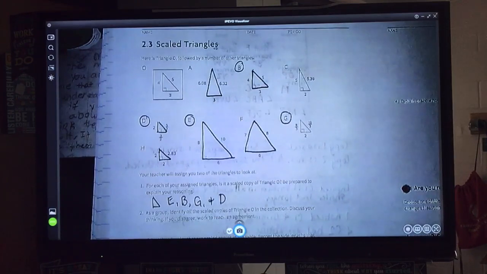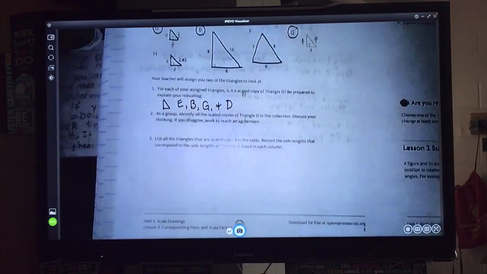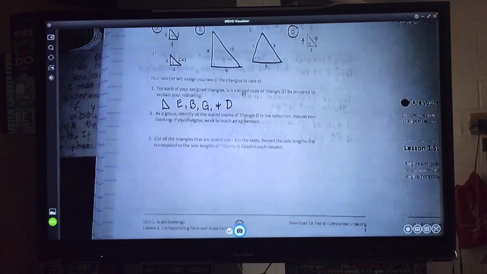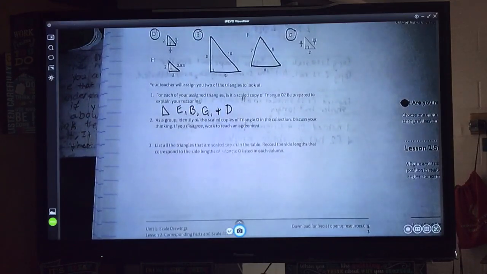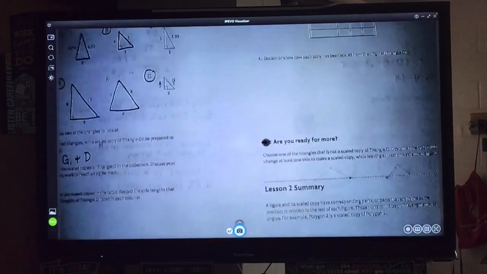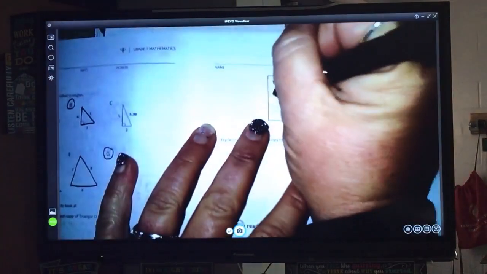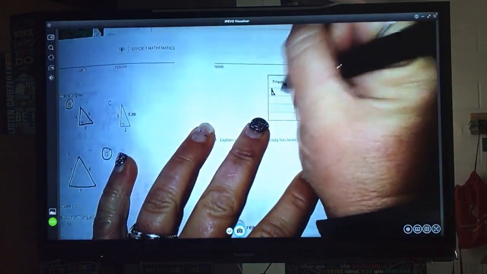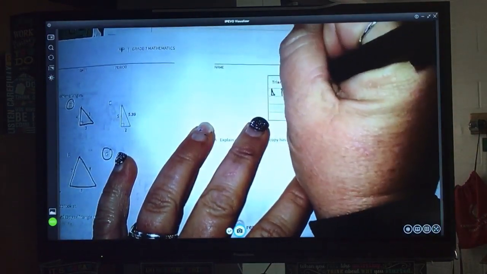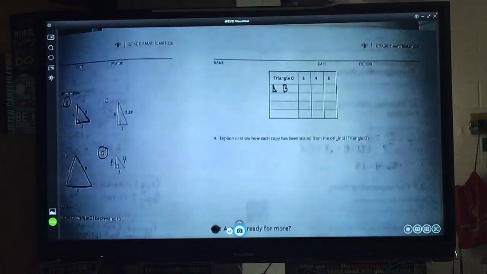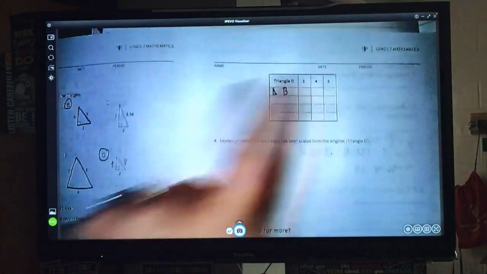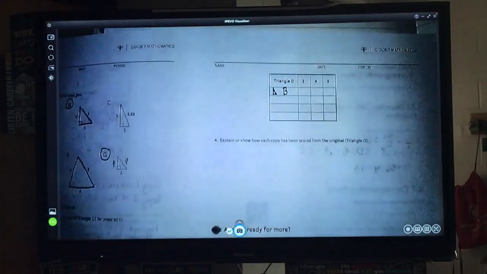All right, number 3 says list all the triangles that are scaled copies in the table. Record their side lengths that correspond to the sides. So let's just start with triangle B. What were the lengths of the sides? You have to make sure they match up to the ones here.